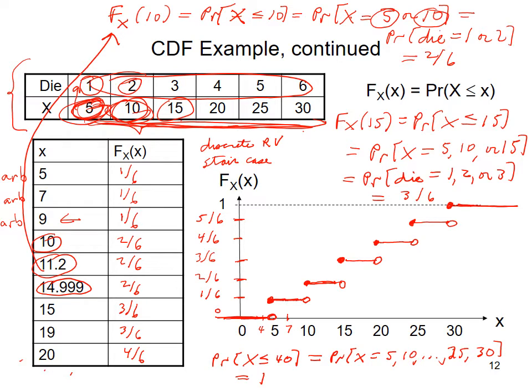That will always be the case. Discrete random variables will always have a staircase function, and the size of the jump at each of the discrete values assumed by the random variable will be the probability.